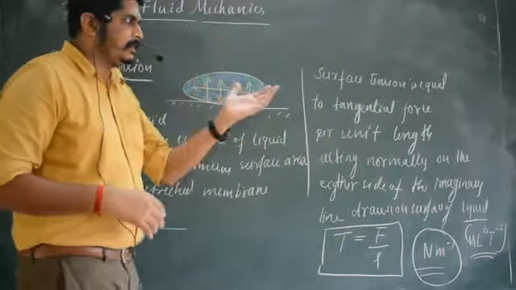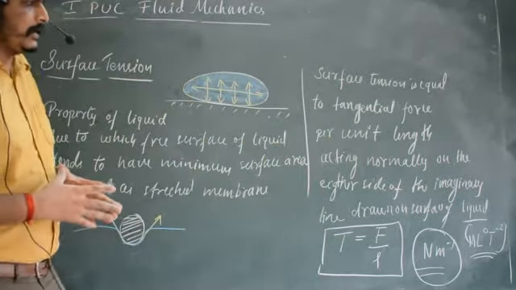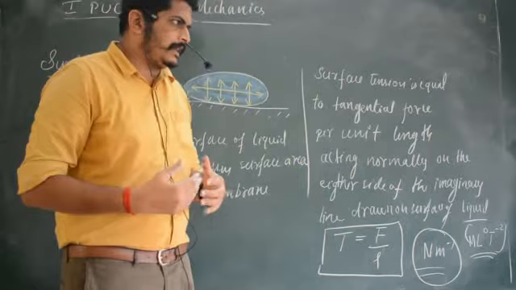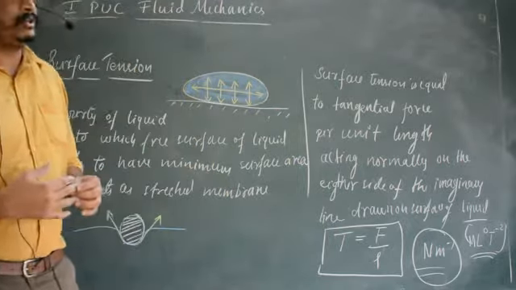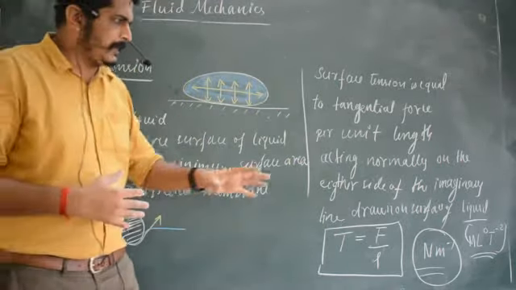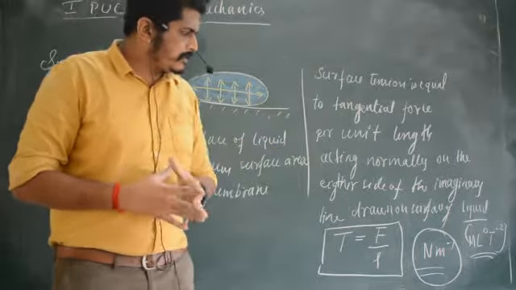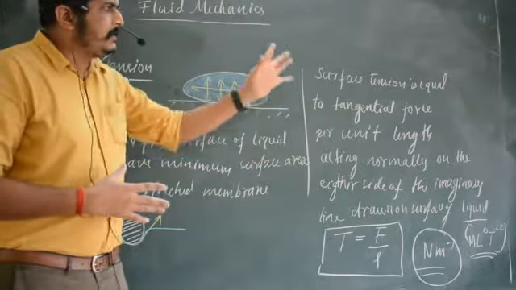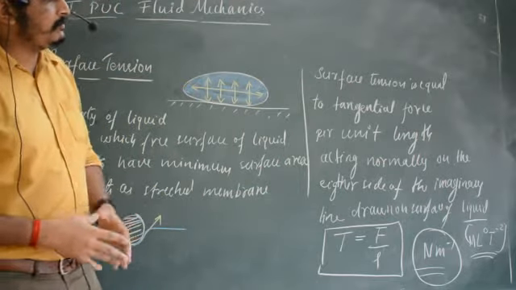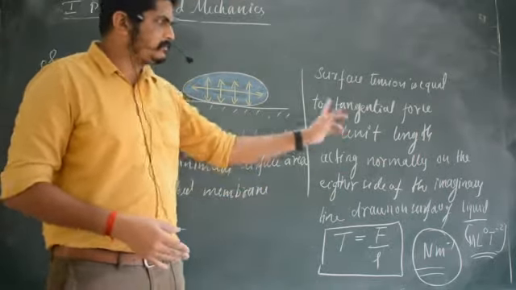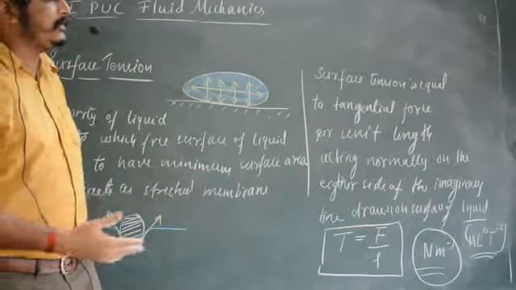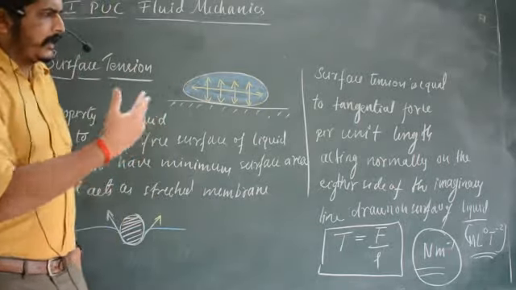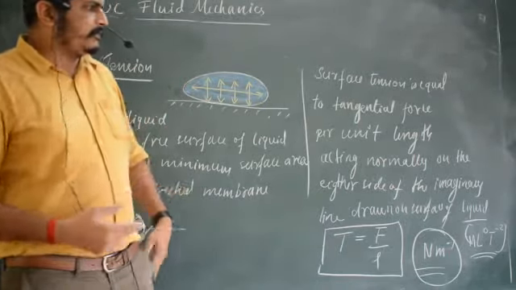Next, how to explain surface tension in terms of an equation. The definition of surface tension in terms of an equation you can see there. Surface tension is equal to tangential force per unit length, F by L. This is the standard way of defining it, force acting normally on either side of an imaginary line.